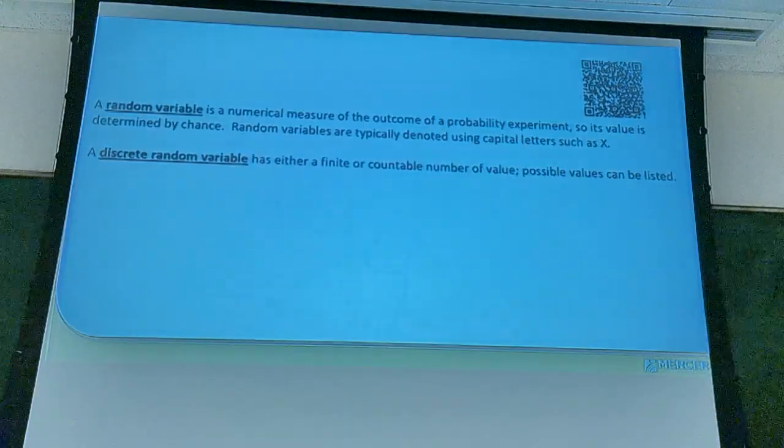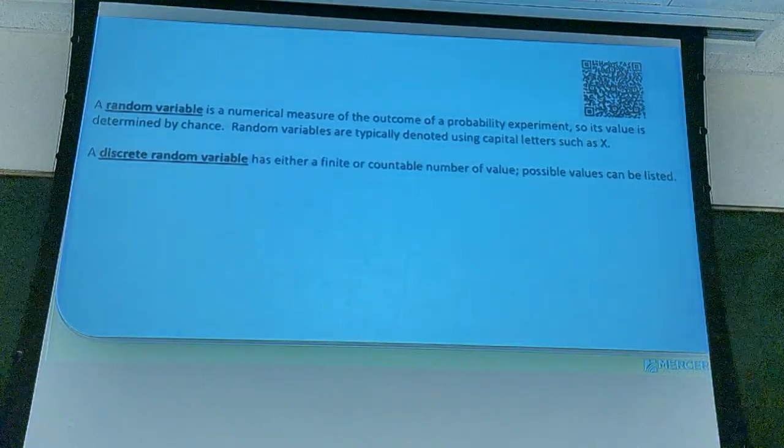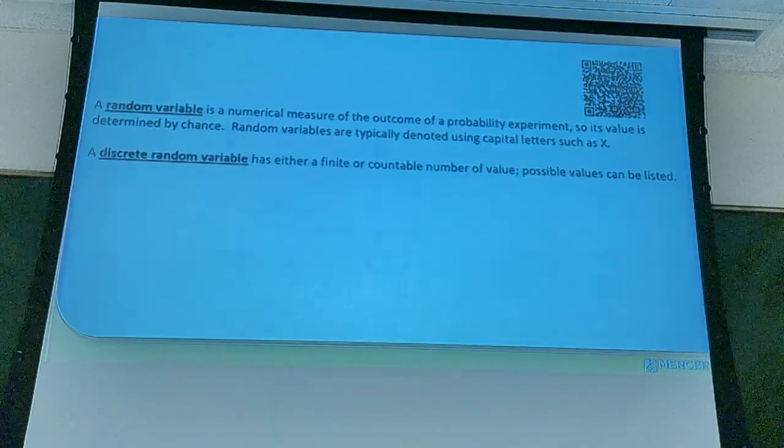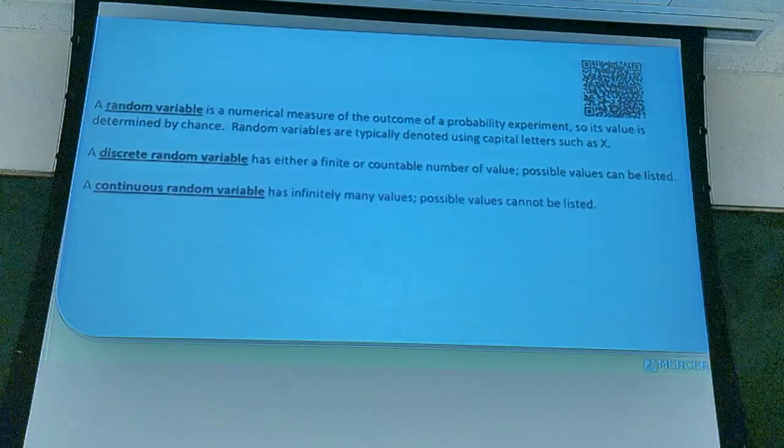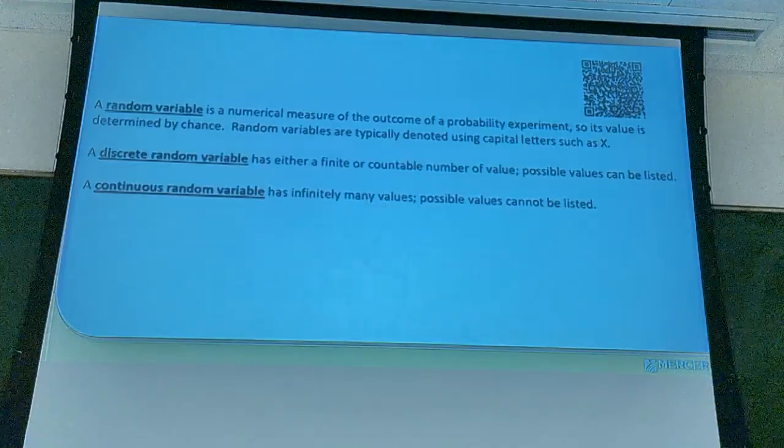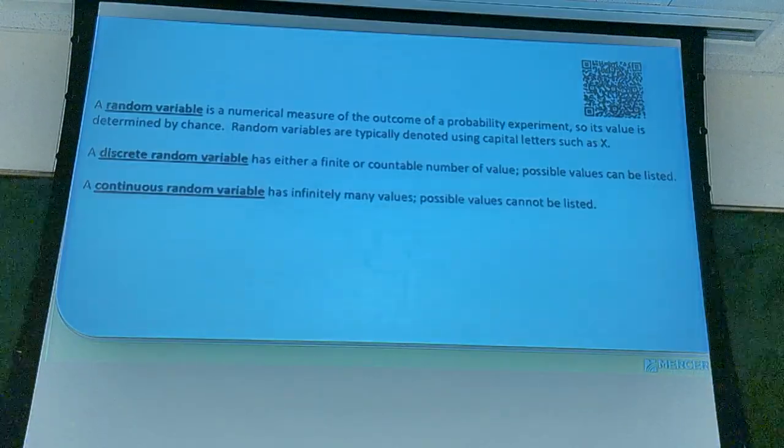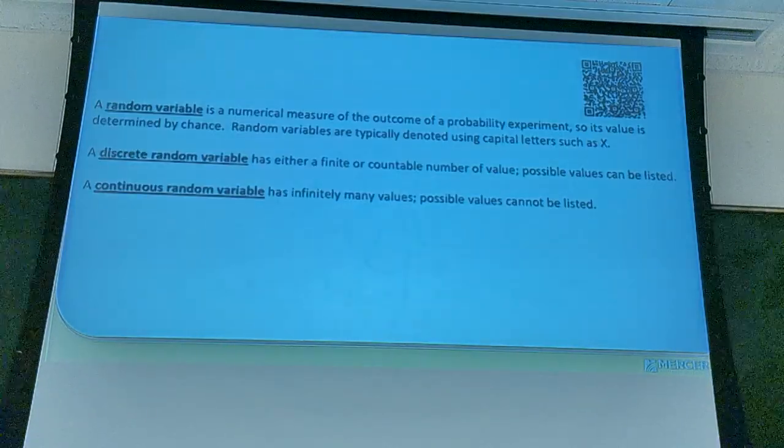A discrete random variable is either countably infinite or finite, typically whole numbers. A continuous random variable has infinitely many values, typically over an interval.